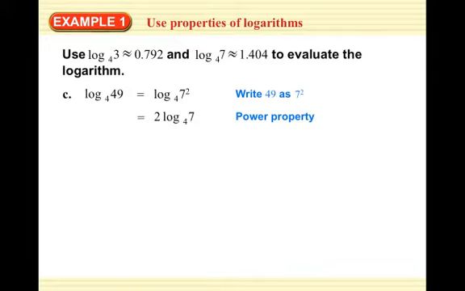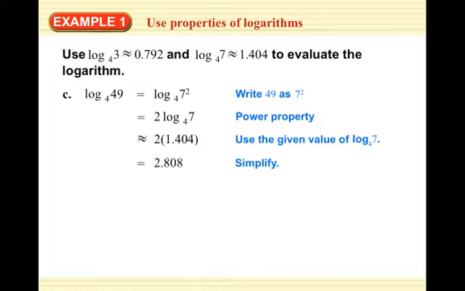Now mind you, this power property only works if you're working with logarithms. People start wanting to apply it everywhere. If you aren't working with a logarithm, you can't do this. We're going to use the given value of log base 4 of 7, and so this is going to equal, at least approximately, 2 times 1.404, which is 2.808.